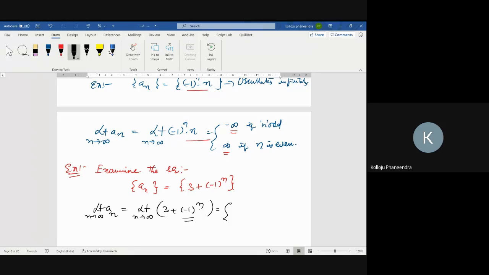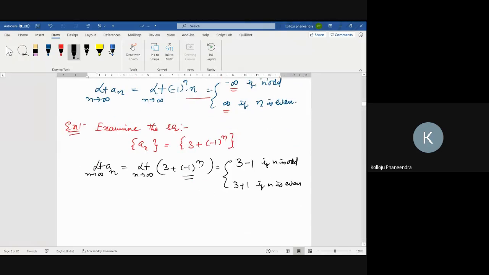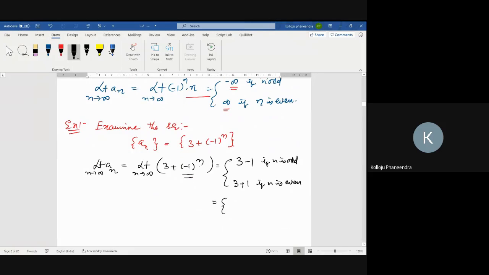This is 3 minus 1 if n is odd, and 3 plus 1 if n is even. Therefore, what is the value of the limit of an as n tends to infinity? It is 2 if n is odd and 4 if n is even.